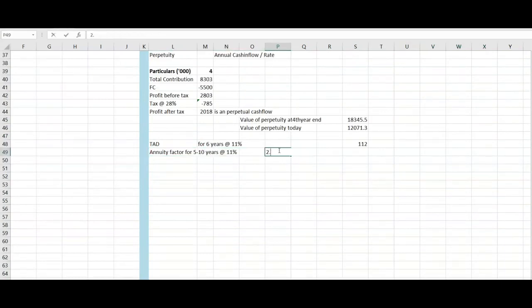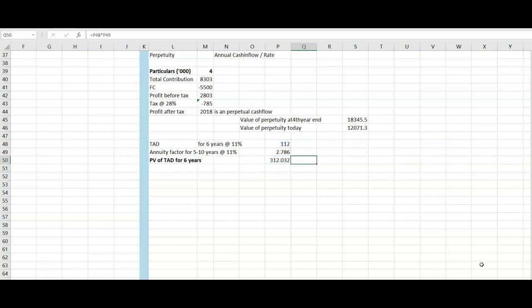So take that number, 2.786, and the cash flow was 112. So what would be the present value of TAD for 6 years? Multiply both. Every year we get 112 for 6 years. If we put that value together, it would be 312.